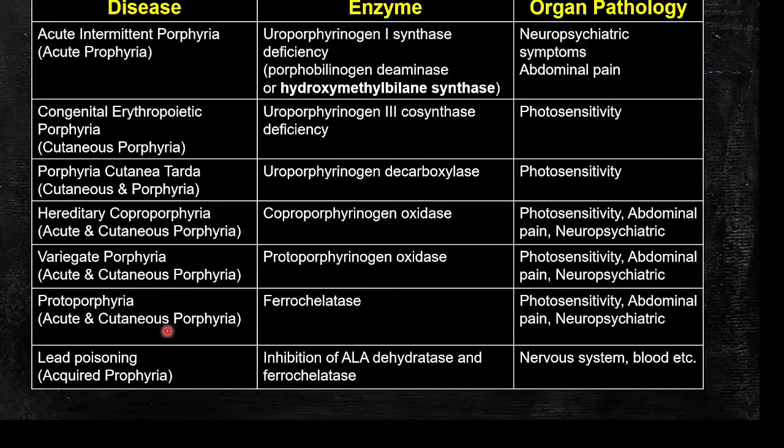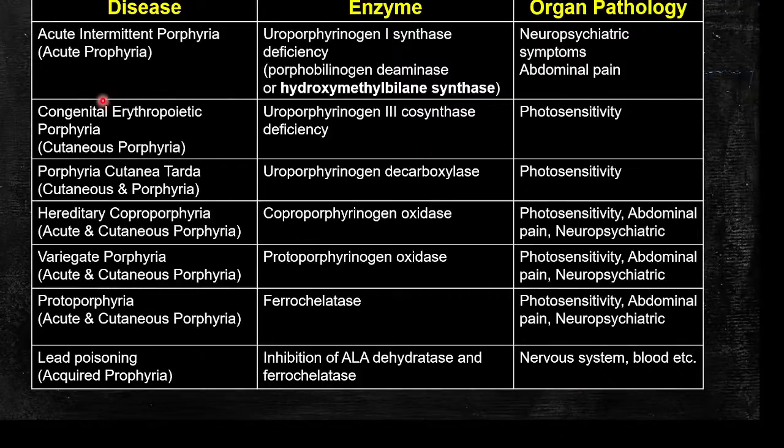Protoporphyria, both acute and cutaneous porphyria, is because of ferrochelatase enzyme deficiency. This will cause photosensitivity, abdominal pain, and neuropsychiatric disorders. Lead poisoning is an example of acquired porphyria, with inhibition of aminolevulinic acid dehydratase enzyme and ferrochelatase enzyme. This will cause nervous system and blood disorders.